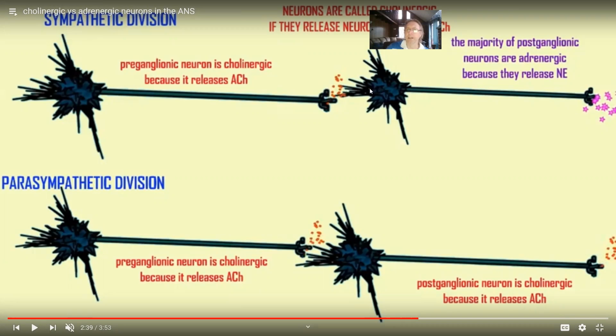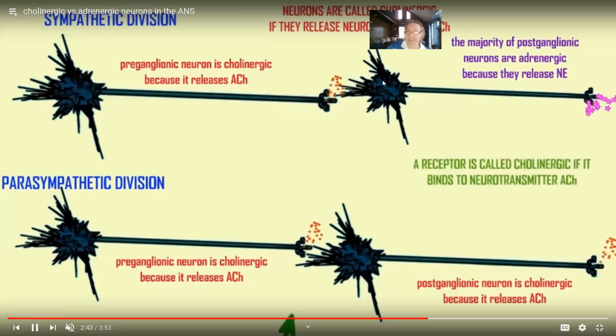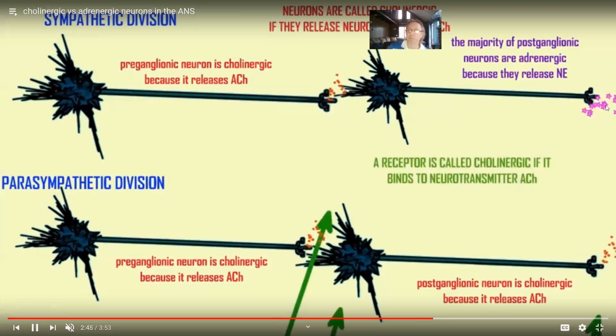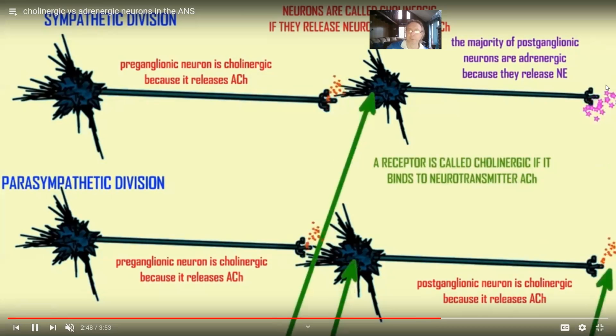So even though it's an adrenergic neuron, it makes receptors for acetylcholine here, but it releases norepinephrine here. The effector, if this is, say, going to smooth muscle, then has to make the receptors for norepinephrine. This cell will make cholinergic receptors here, and then the smooth muscle that it touches will make adrenergic receptors.